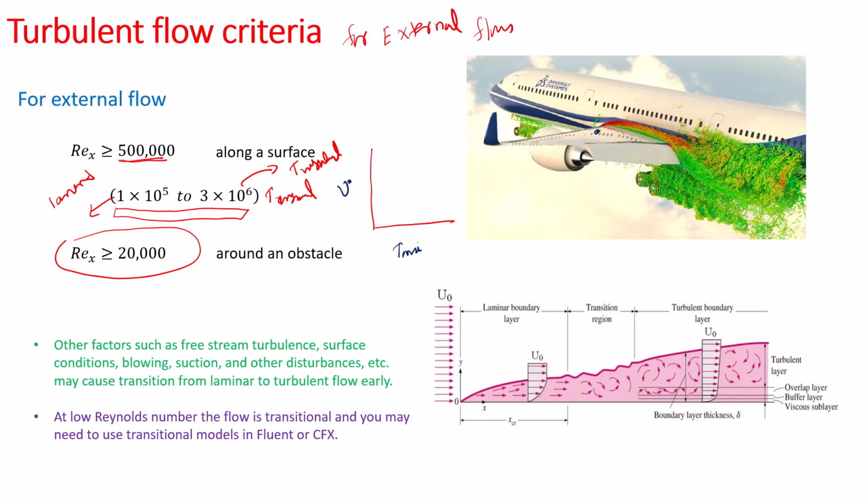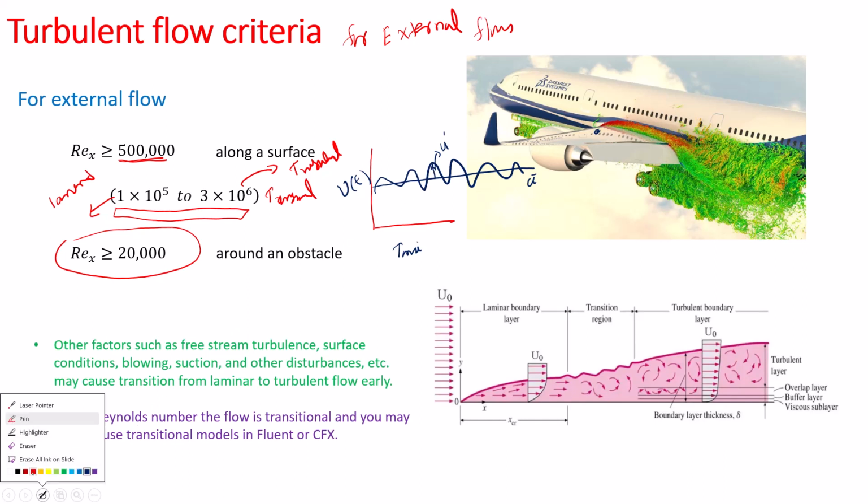So this velocity is a function of time, and you will see there are disturbances. The average value will be denoted U average, and any fluctuation, U bar, is the change of the velocity from the mean value. This graph shows the instantaneous velocity at any point, U of t.